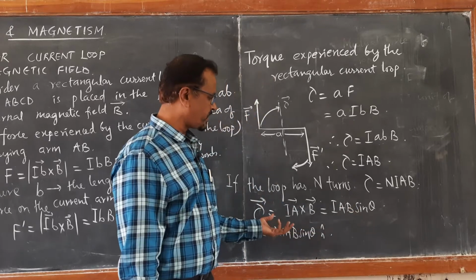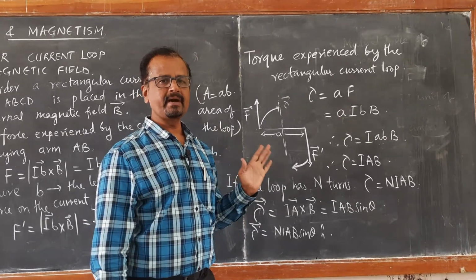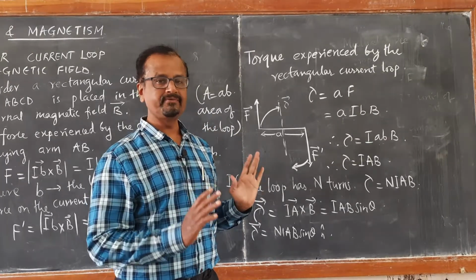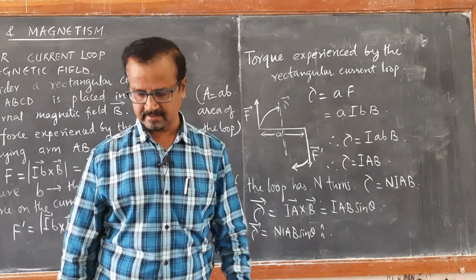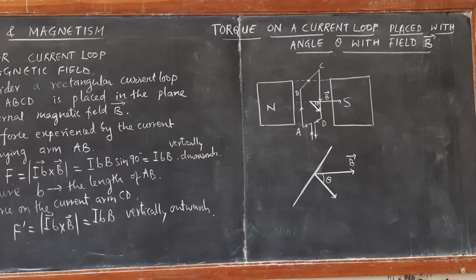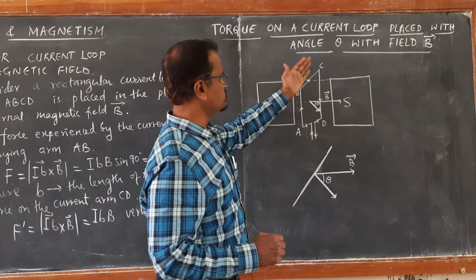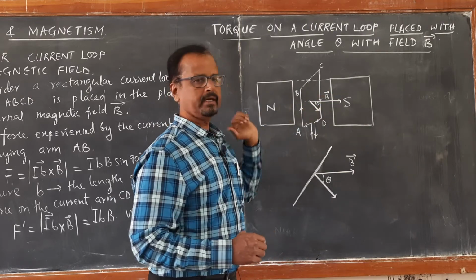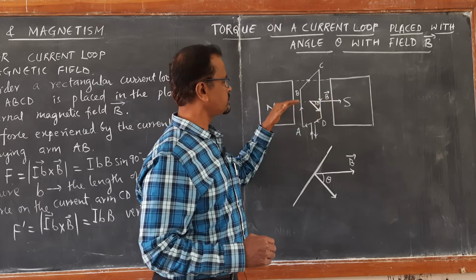Now, we are going to prove how the torque experienced by a rectangular loop placed in a magnetic field at any angle theta with the magnetic field is equal to IAB sin theta. Let us see it. Now let us see what happens when the plane of the loop is making a certain angle theta with the magnetic field. The magnetic field is from north to south, as I have shown here.